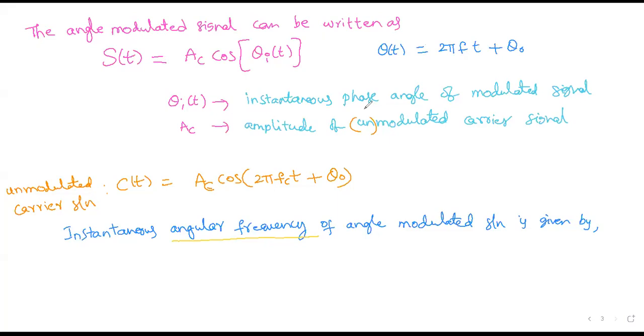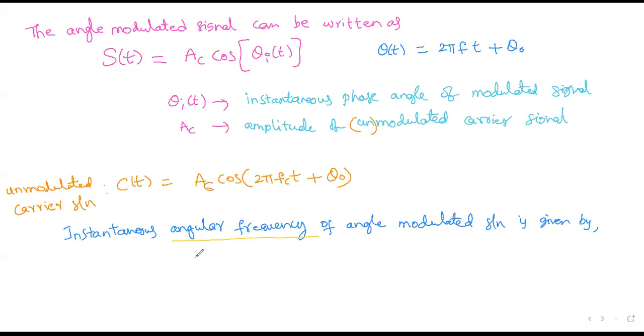Based on whether it is frequency modulation or phase modulation, the notations will change. That I'll discuss in a moment. So don't be confused. You just follow it, and after discussing these things, I'll quickly revise. Then it will be clear for you, right?